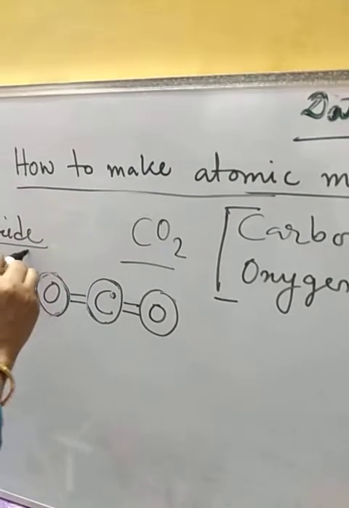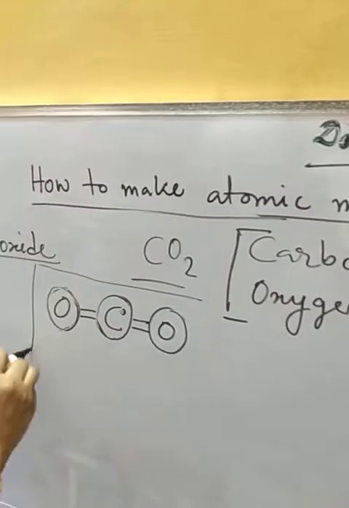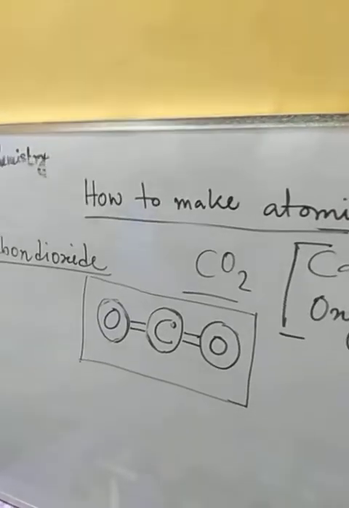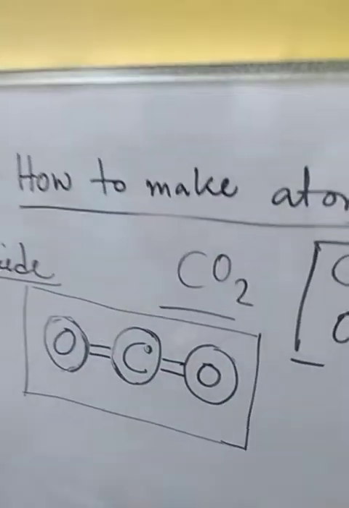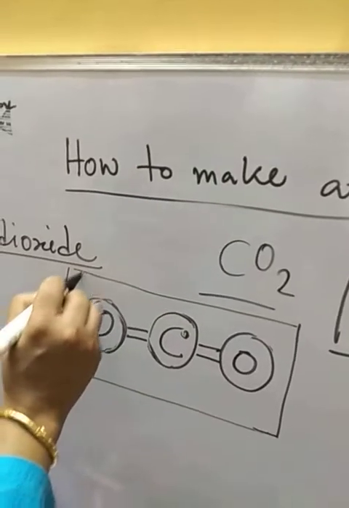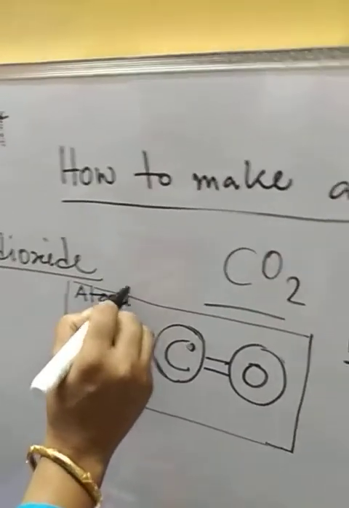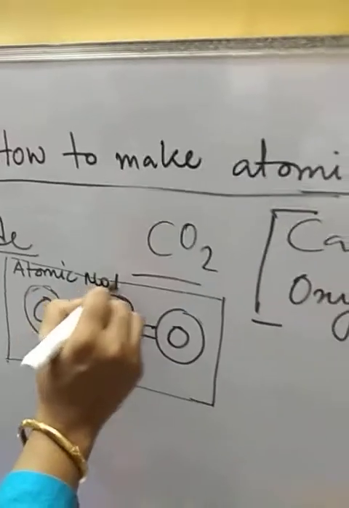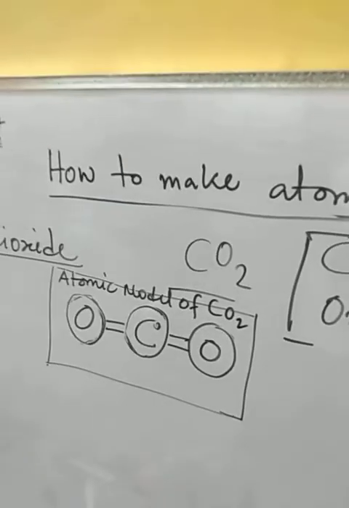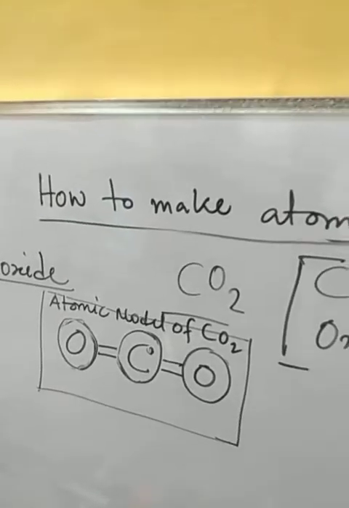In the same manner, this model also you are going to place on a cardboard paper, just like this kind of cardboard, and here you are placing your model and you have to just stick it, paste it. And on top, in the same manner, you have to write atomic model of carbon dioxide.